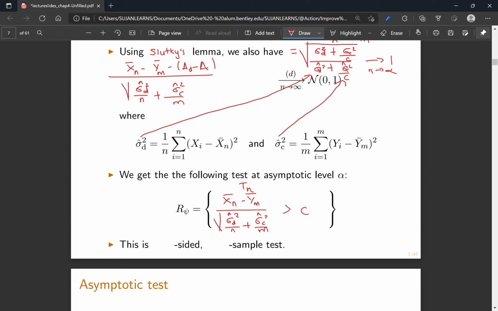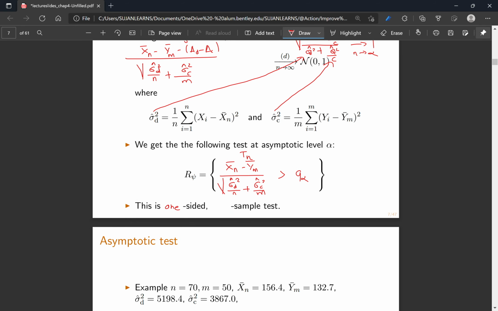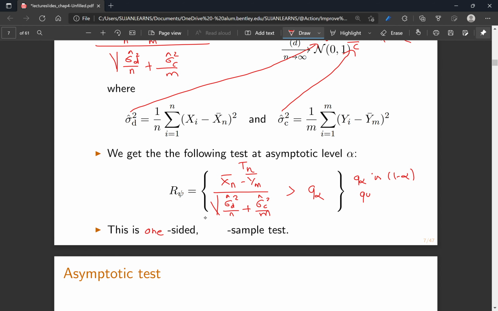Since this is a one-sided test, c is q alpha, and q alpha is the 1 minus alpha quantile of N(0,1).